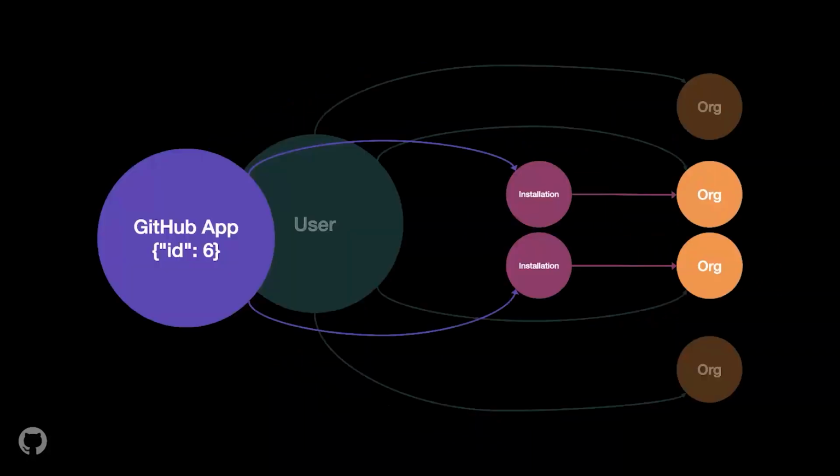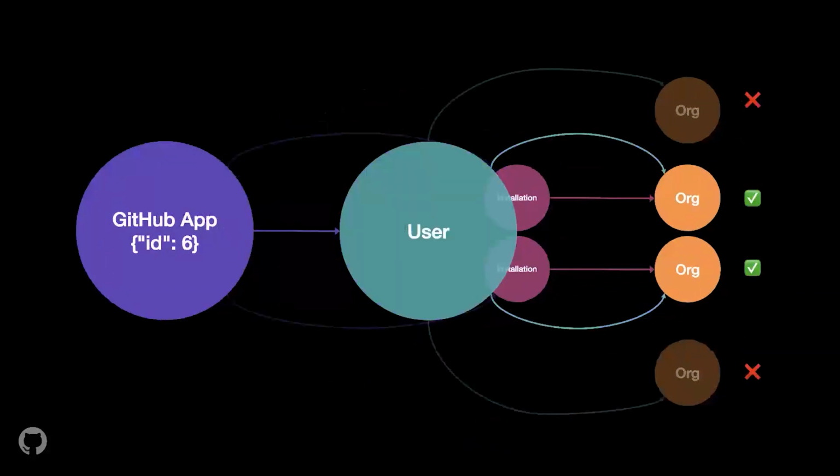And now let's say that there's a GitHub app which has an installation on 2 of those orgs out of the 4. So when the user authorizes that GitHub app via the OAuth flow, either the device flow or the web authorization flow, what that means is, due to this principle of there being no escalation of privilege, the GitHub app will only be able to access private resources that both the user and the app have access to.